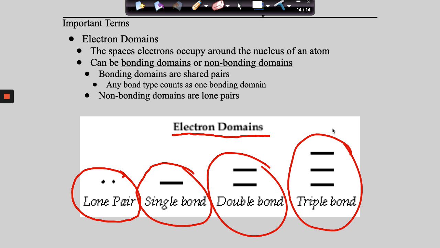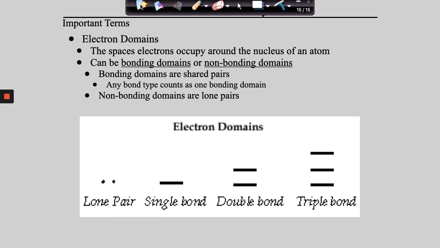And then a triple bond also counts as one domain. So with this in mind, the question then becomes, what do you need to be able to do with this idea of electron domains? And the answer is, you simply need to be able to count them. So let me pause for a second, give you the opportunity to catch up in drawing your domains. And then guys, the next thing that comes up, please don't try to draw it. Just tune in and let's make sure you're clear on this.